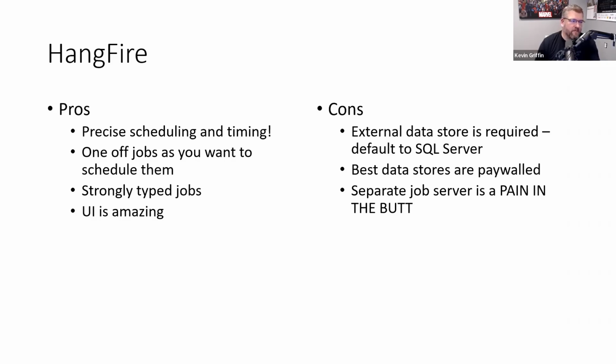I have basically DDoSed a SQL Server in Azure before because of Hangfire. Again, a much longer story for a later time. What you would rather do is use Redis, because that's amazing. There are also some third-party projects out there about using things like Service Bus or Azure Storage, which I think would work well.